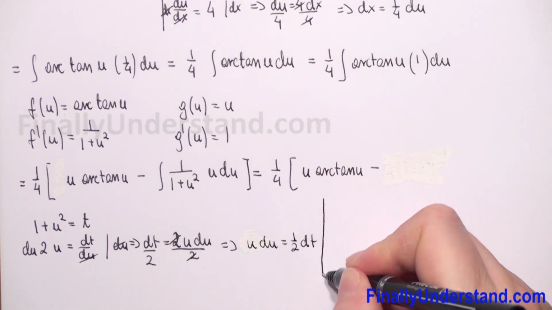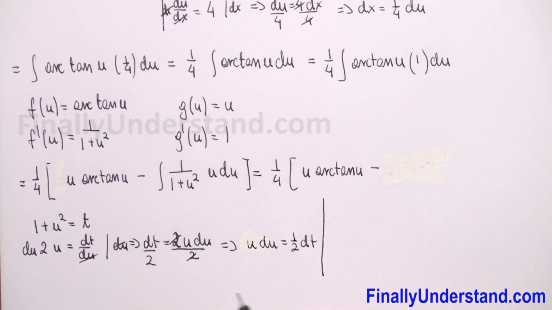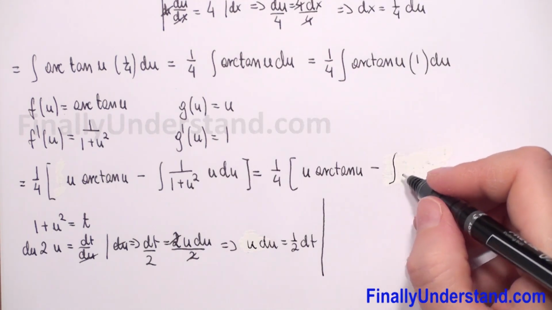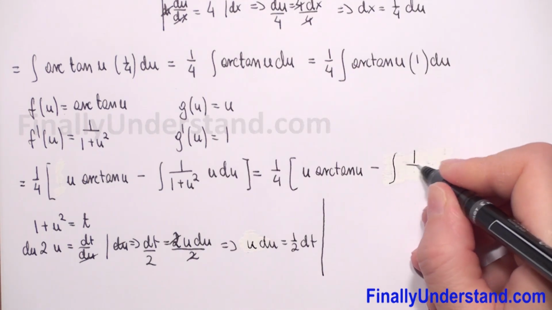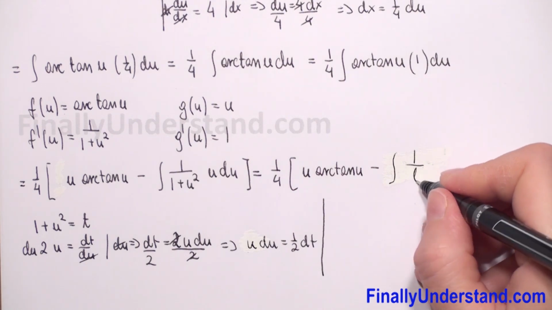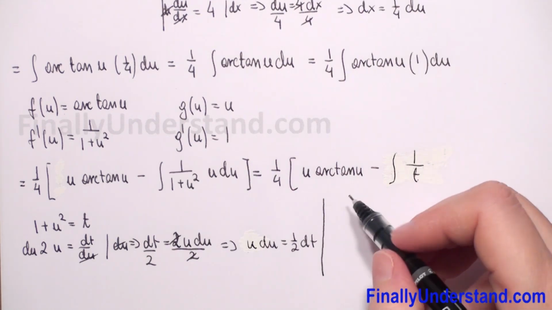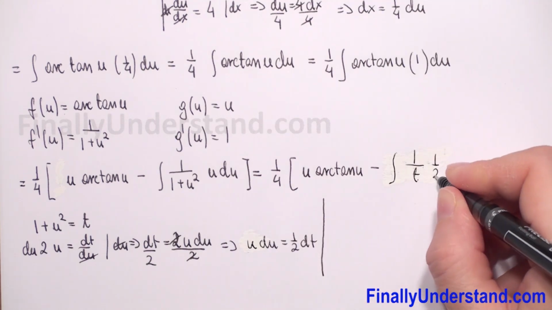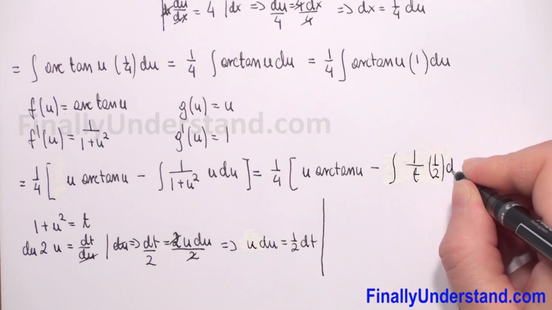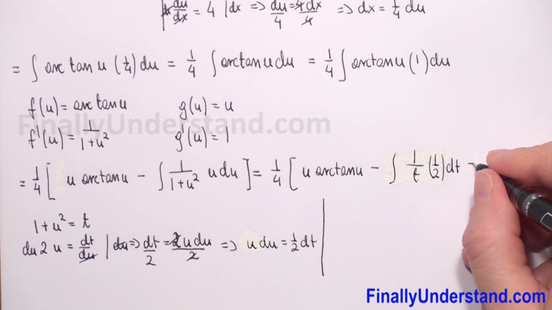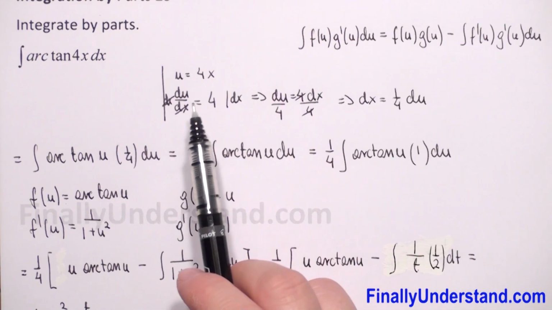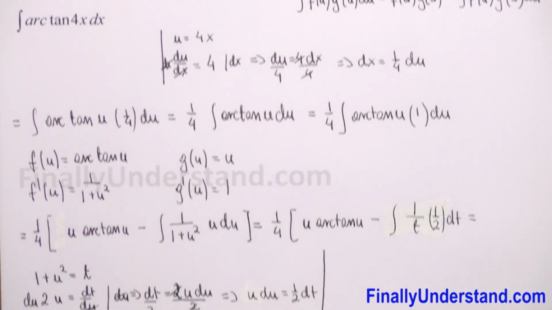So we can come back to our integral and we will have the integral of 1 over t, and for u du we just put 1/2 dt. So this is equal to, we have to copy the beginning, and we can come back to our substitution because u is equal to 4x.